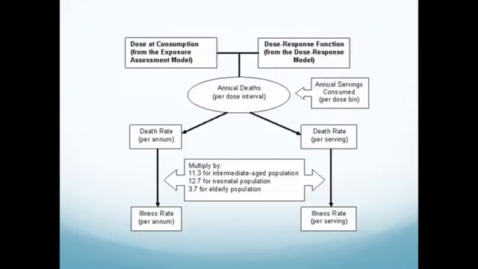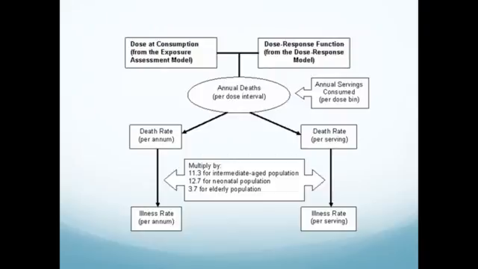So, this is a typical model. We have dose at consumption from the exposure assessment model, and we have the dose response function. Basically, what would happen if we have a certain level of listeria in a sample. And we look at the annual deaths per dose interval. We know that because we know what dose can cause lethal effects. And then we can look at per serving and per annum.